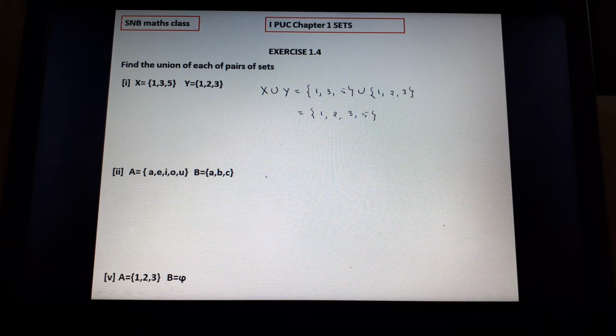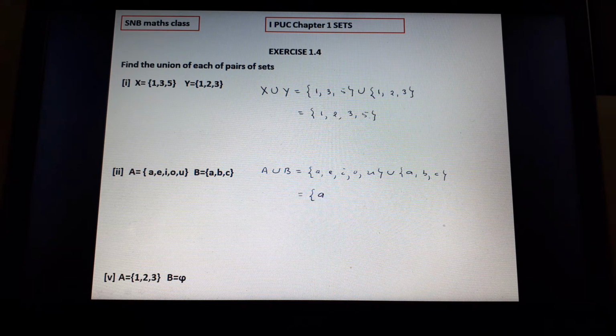Similarly here, A union B equal to, first write what is A. It is A, E, I, O, U. First set. Second set is A, B, C. When you are writing, of course, you can write in order if you want. Otherwise, you write first these elements, then whatever element is remaining, you write. So that is also okay.